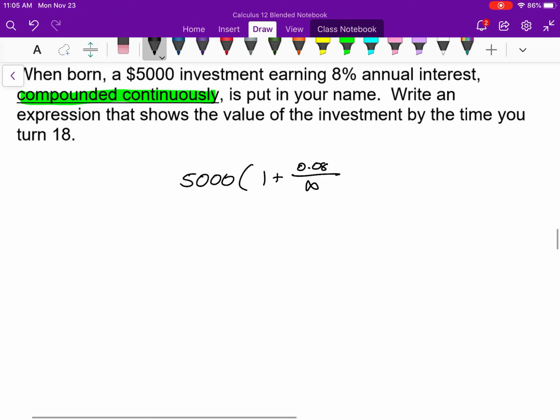I can't put infinity, because infinity is not actually a number, so I'll put an n, because usually we put n for number of compounding periods. And then up here, it's n times 18. But this n, which I'm going to highlight in a lovely pink color, is approaching infinity, and we want to think about what happens as n gets infinitely large.